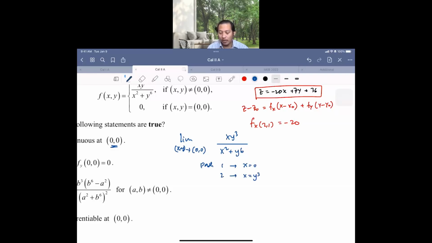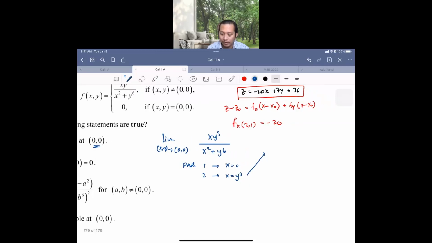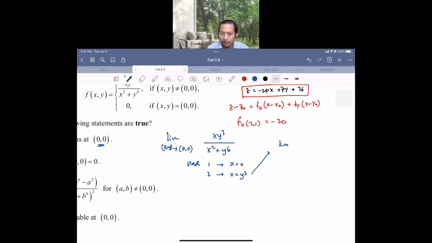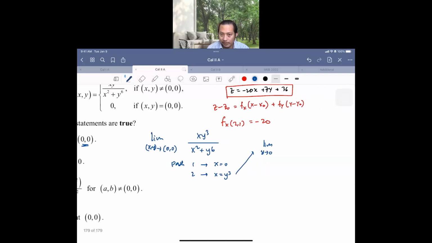Why do I take y cubed? Because if we take the square, it will give you y to the 6, which is in our equation, right? And I think it's easy to calculate. So this will give you the limit, y approaching 0, and change the x to y cubed.